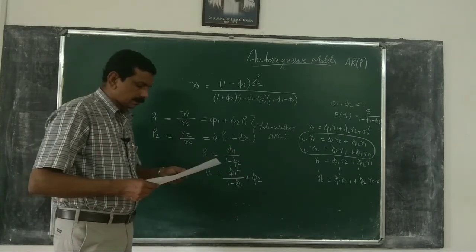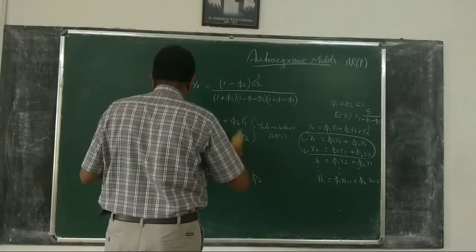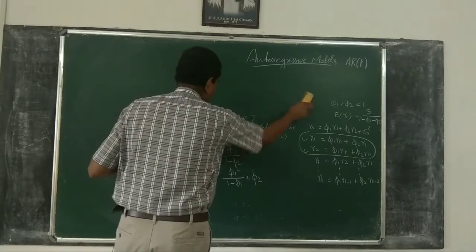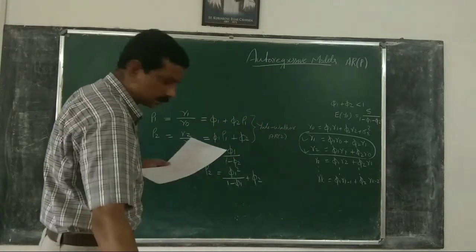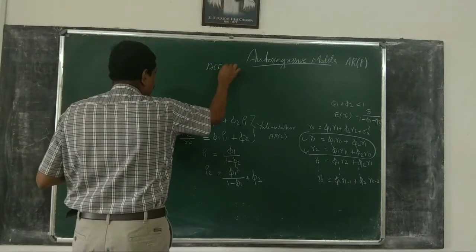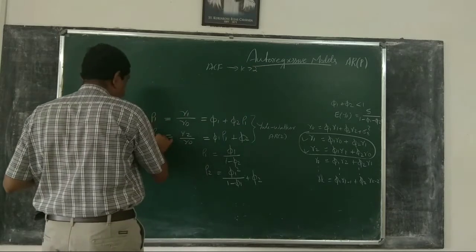Now, the ACF for k greater than 2. This is for 1 and 2.